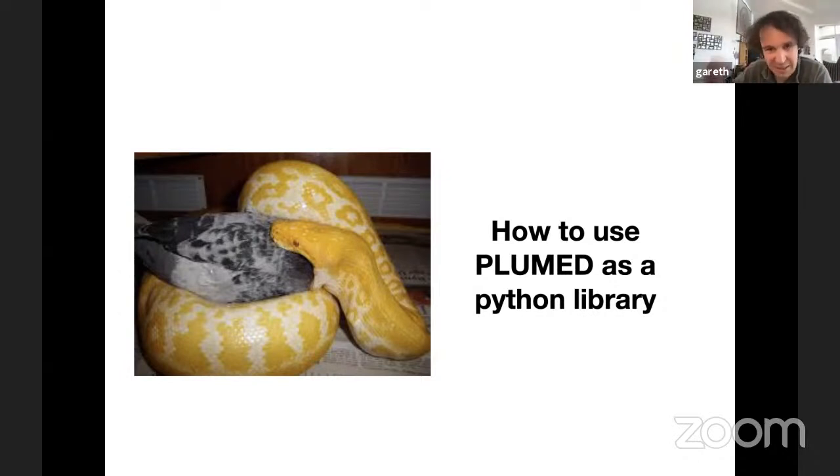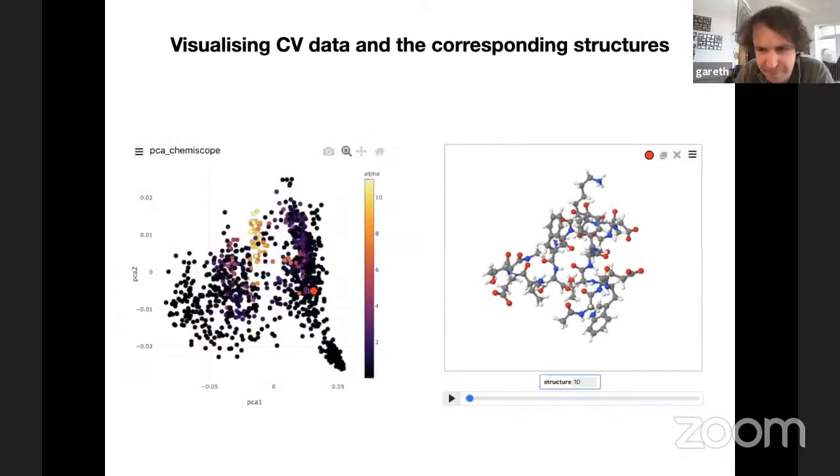The next thing I've shown you is that the group of Michele Ceriotti has this nice tool called Chemiscope that allows you to visualize chemical structures and CV plots side by side. Here I've got a protein structure and I've calculated 2 collective variables. Each of the points in the plane on the left of that figure is one of the configurations.